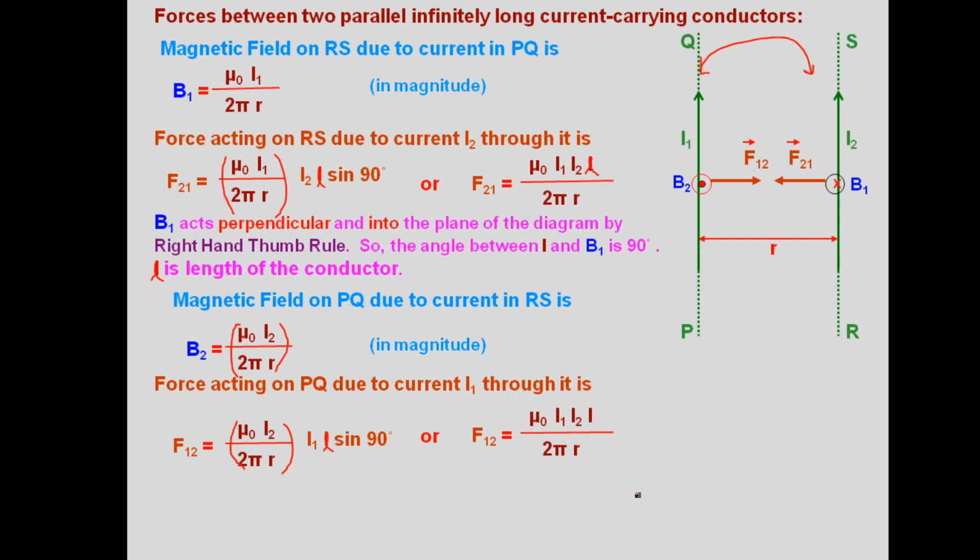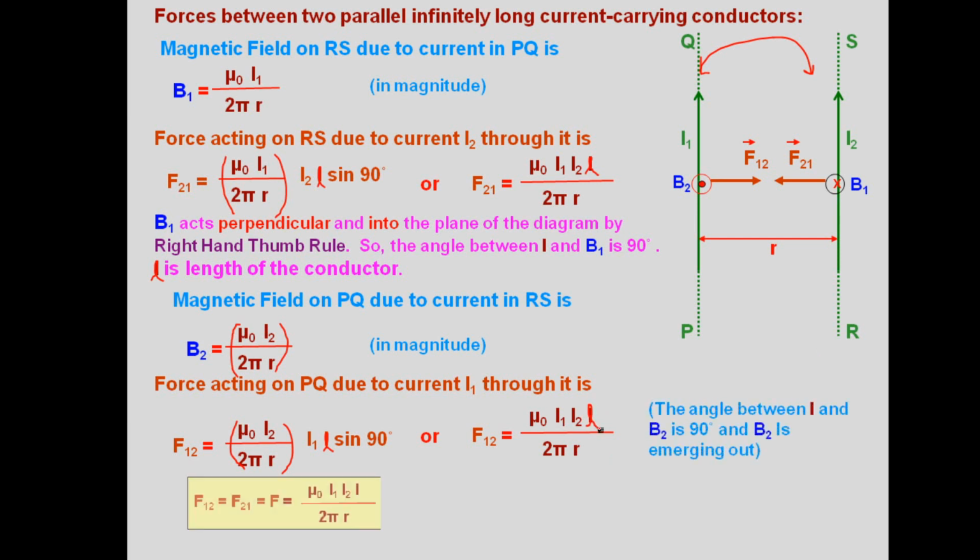So here we have this as L, and the angle is again 90 degrees. So we can see that the general force F is mu naught I1 I2 L upon 2 pi A. And because the conductor is infinitely long, we don't have the exact value, so we can adjust this L in the denominator with the force.